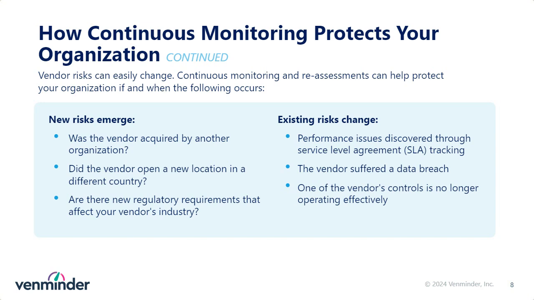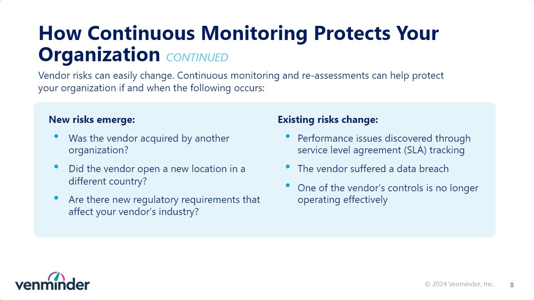And then existing risks can change. So consistency with the risks posed by your vendor is ideal, but that is certainly not guaranteed. Maybe you discovered some recent performance issues as you are faithfully tracking their SLA performance. Or maybe the vendor suffered a data breach that exposed some of your organization's data.